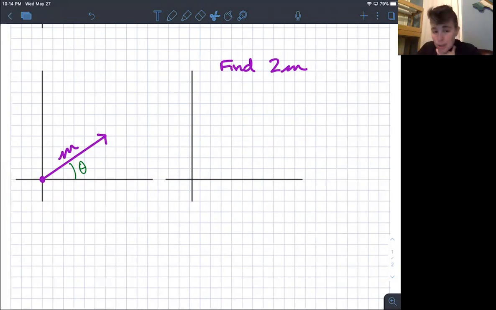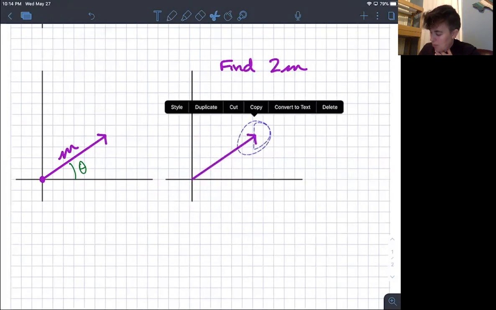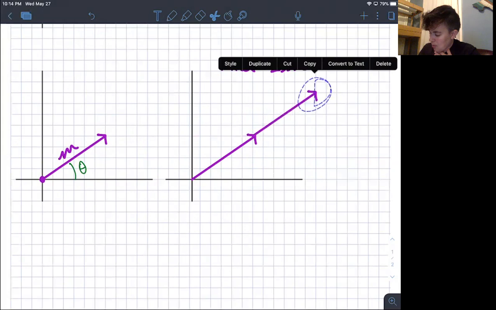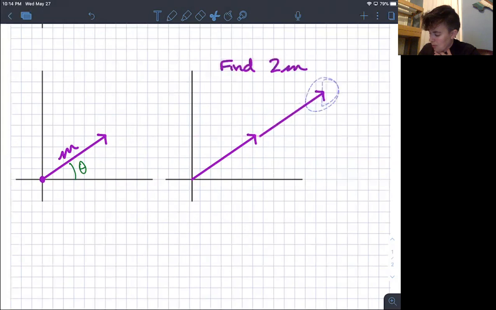So geometrically, I can take this vector and paste it twice. I'm going to put the initial point at the origin, and do that one more time, put it tail to tail, like so. Let me erase these guys right there. Boom! And that would be the 2m right there, right?